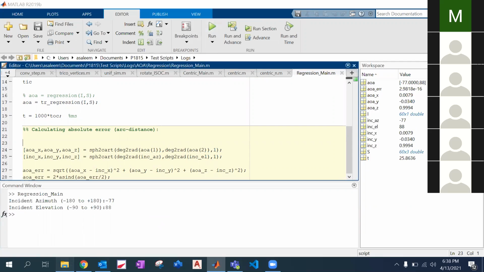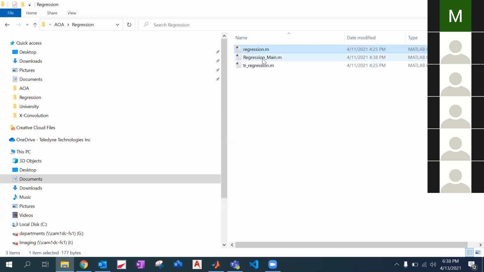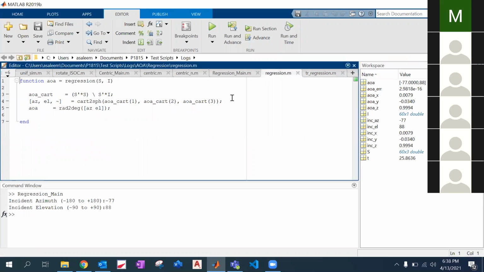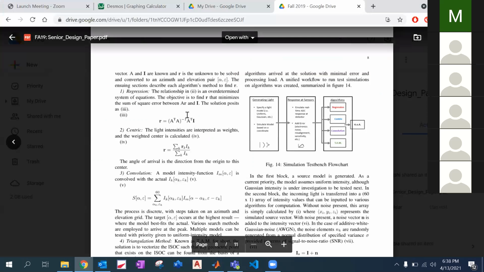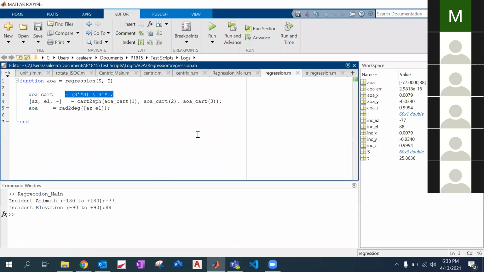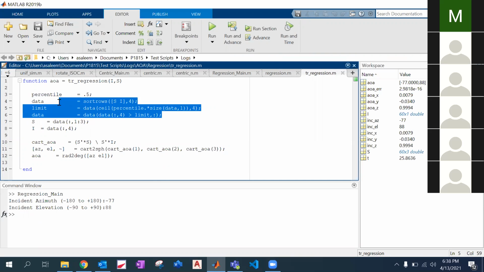And if I open the regression, in regression, this right here is essentially this formula. See that? And then with truncated regression, the only difference is you're finding all the intensity readings which are 0.